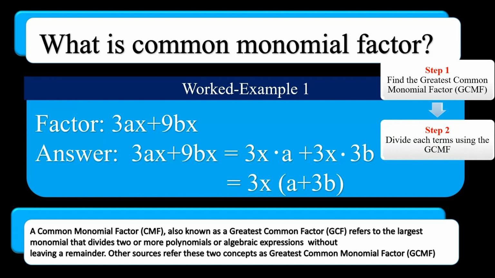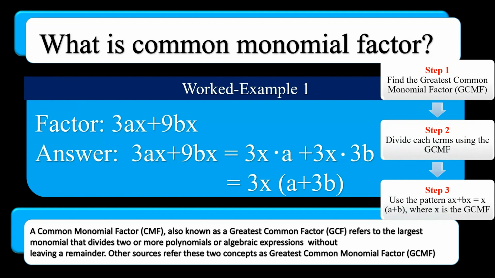So the greatest common monomial factor is very important because in step number 2, it is emphasized that we have to divide it among given terms or between the given terms. The last step is to follow the pattern. We have the pattern here, ax plus bx equals x times a plus b, where x is the greatest common monomial factor.